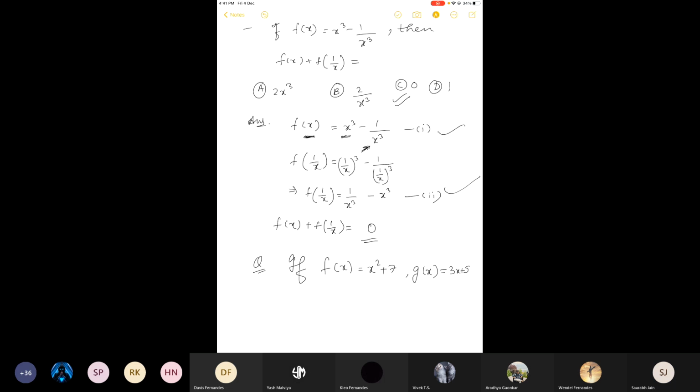Then let us find two parts: f of minus 2 plus g of minus 1. You can solve them very easily. Just tell me what are the answers. And the second part is f of half and g of 14.